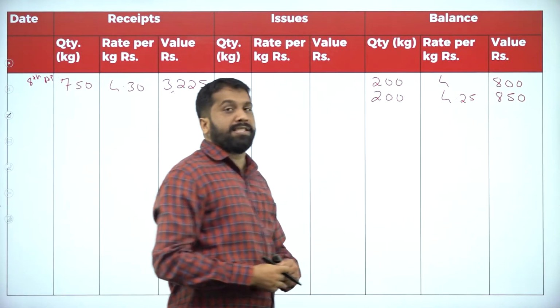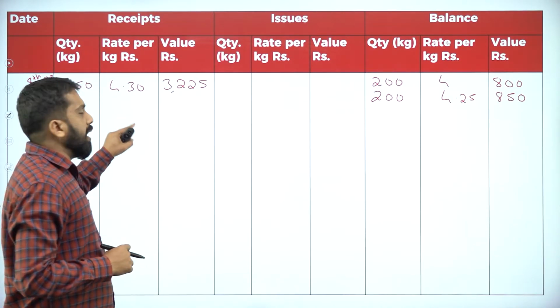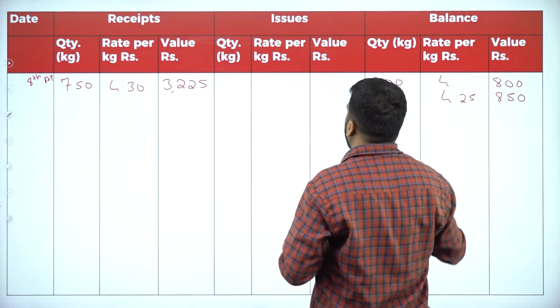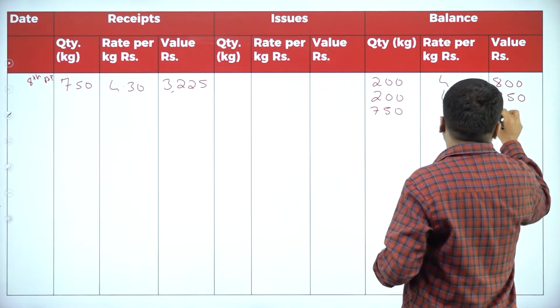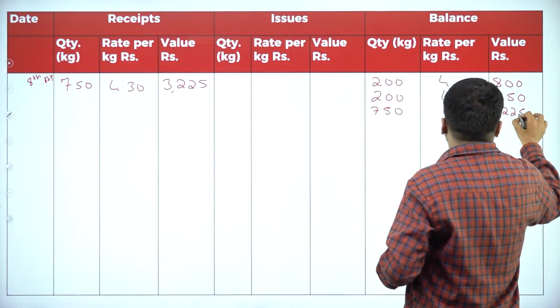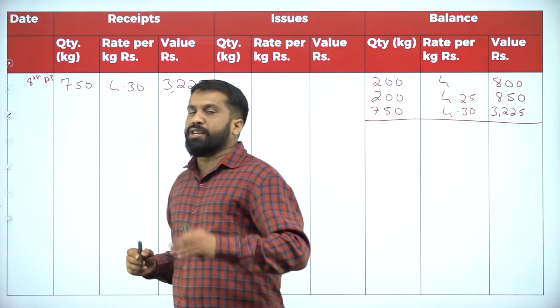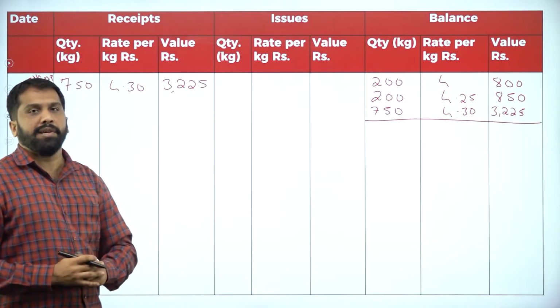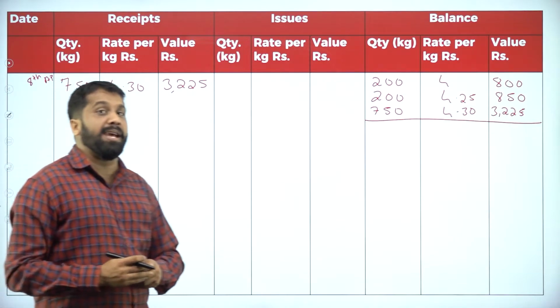The old balance we copied. What is the new balance? This is the new balance: 750 multiplied with 4.30. The answer is 3,225. See, easiest one. If you purchase, you have to copy the old one, later you have to come back for the new one. Now, this is done. 8th April is over.